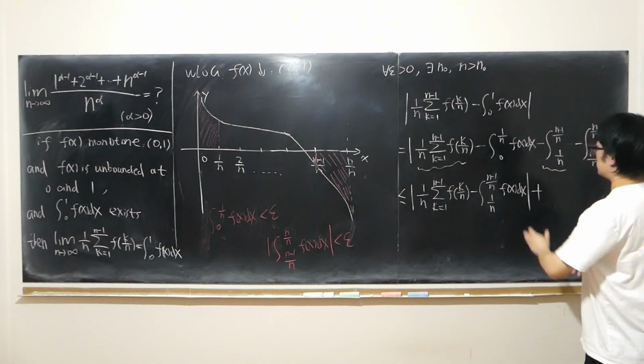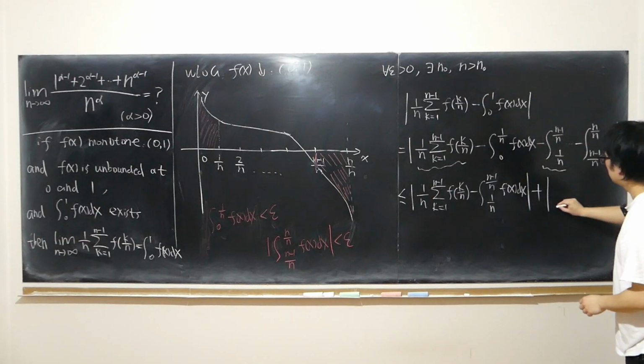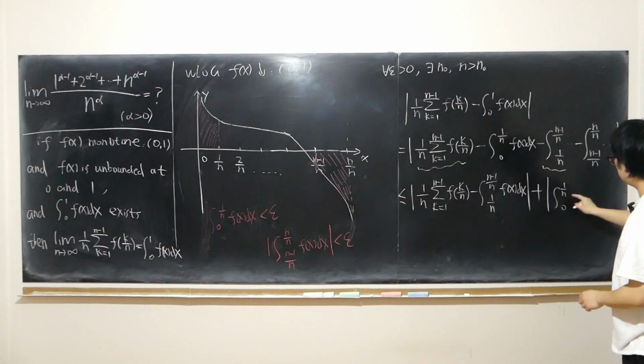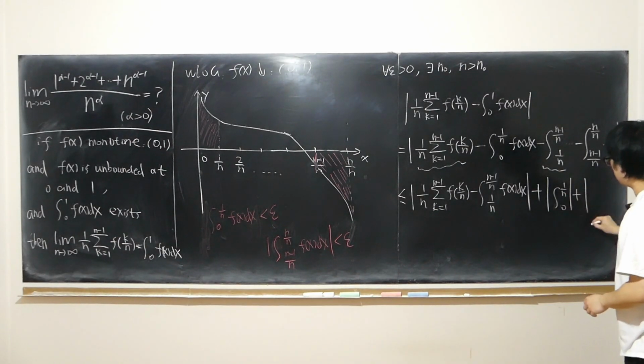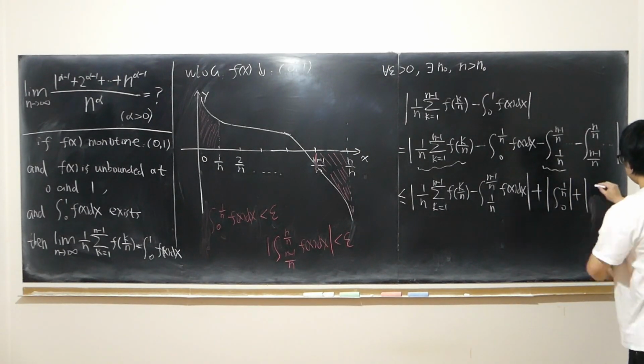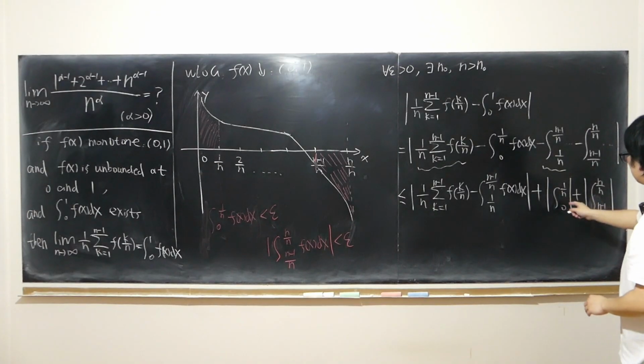And then I can put this absolute value, the integral from 0 to 1 over n, plus the absolute value of the integral from n minus 1 over n up to n over n. Another integral.